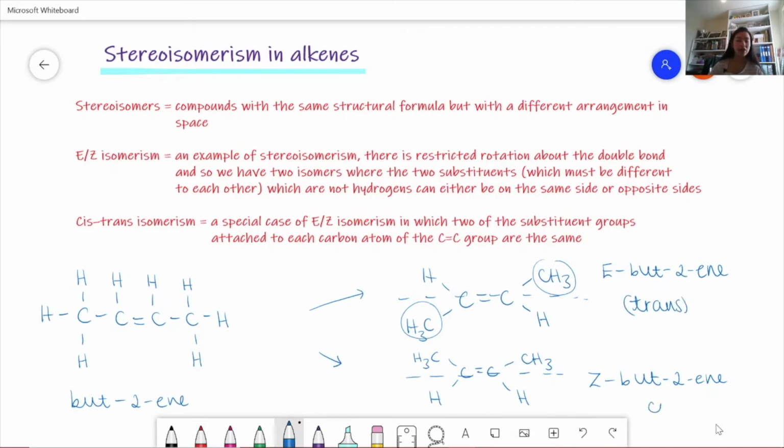And for Z, we can call this cis, because the two substituent groups are the same and they're on the same side, so we call it cis. So if they're on opposite sides, we call it E or trans if the substituent groups are the same. And if the groups are on the same side, we call it Z or cis if the groups are the same.